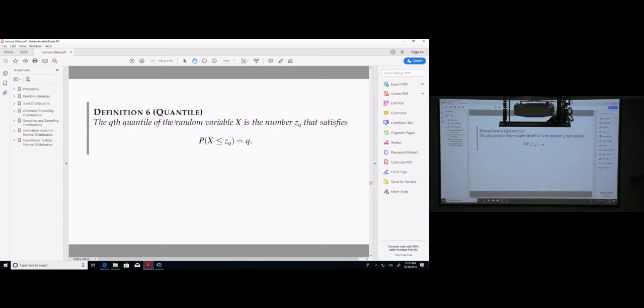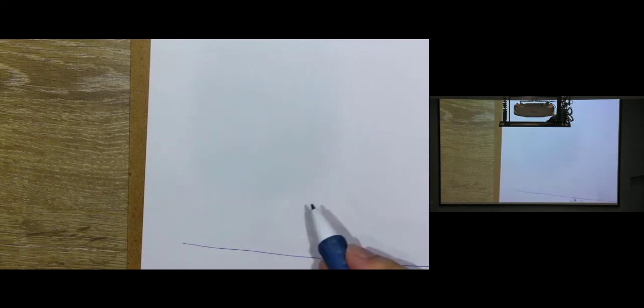It didn't say what the distribution of this is. This is true for whatever it is. So the situation is this. I wanted to compare the two situations. I'm drawing it under the assumption that it is a continuous random variable.